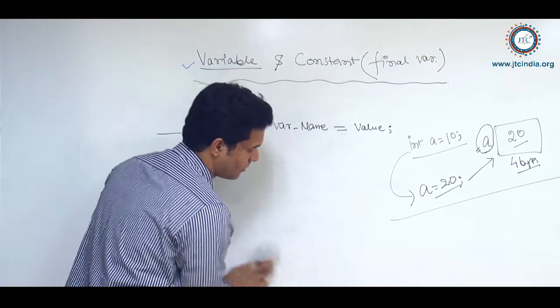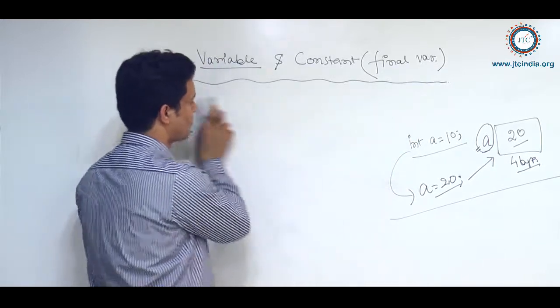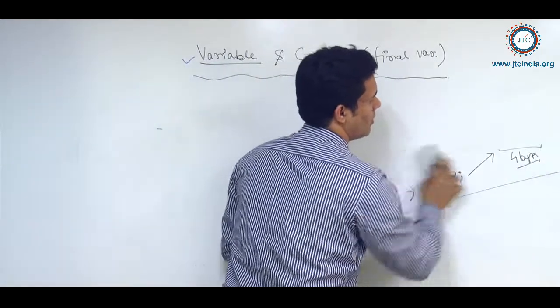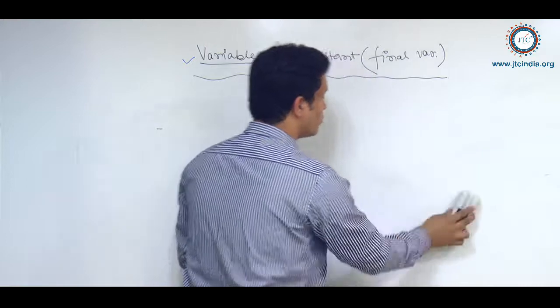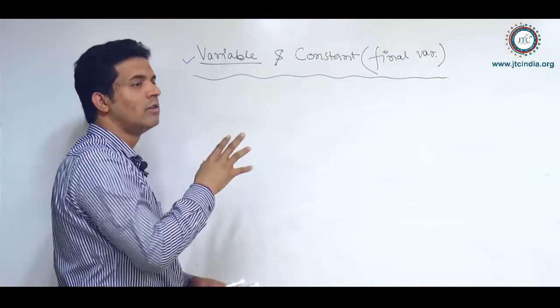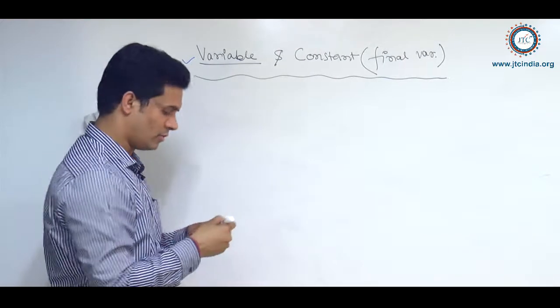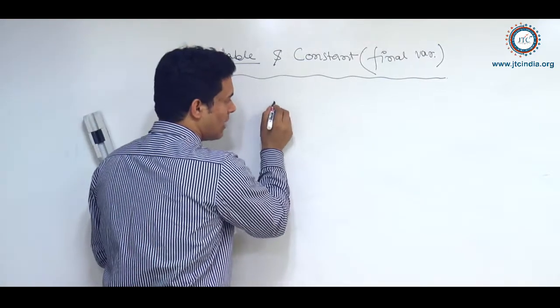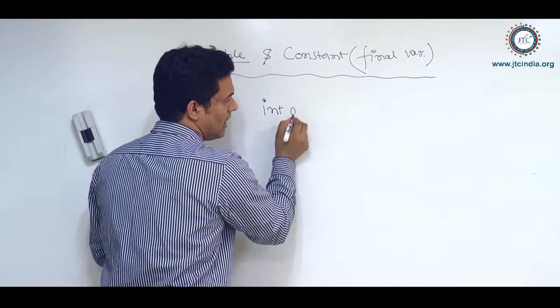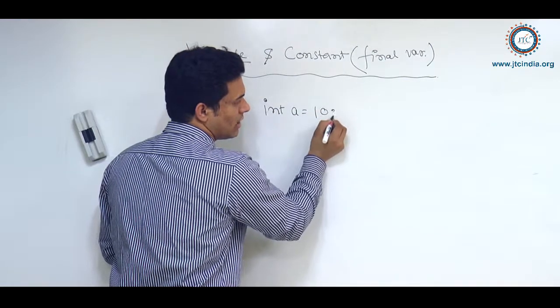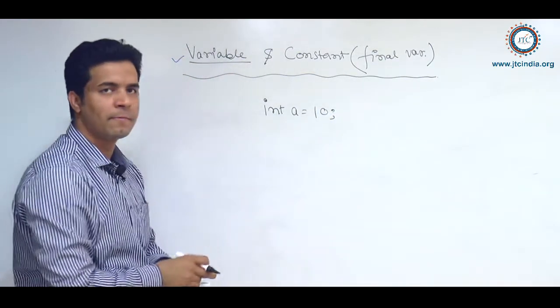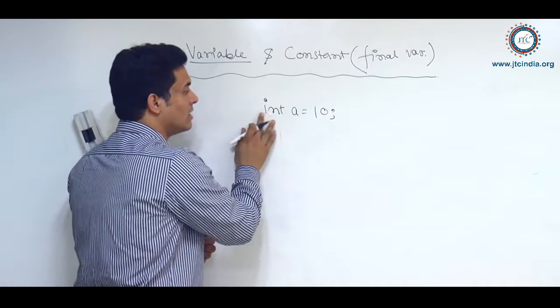In Java, constants are like final variables. Suppose I have a variable int a is equal to 10.